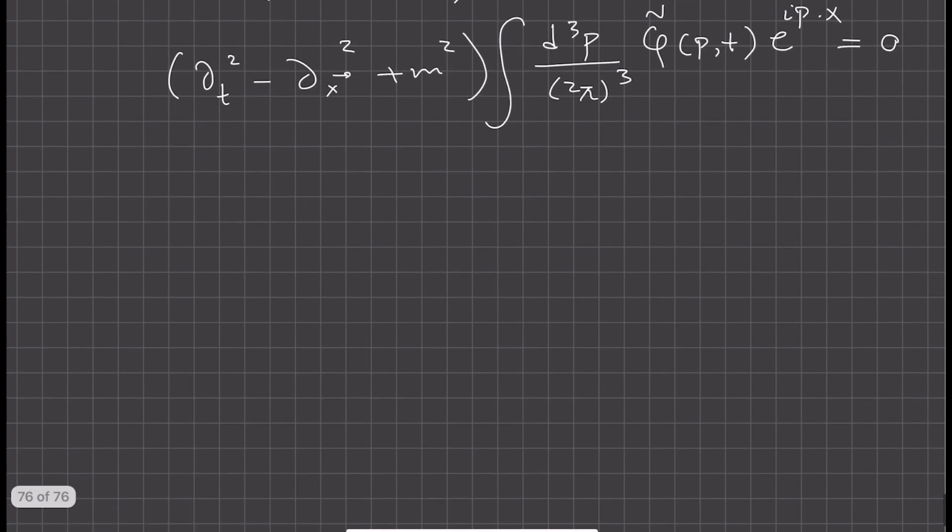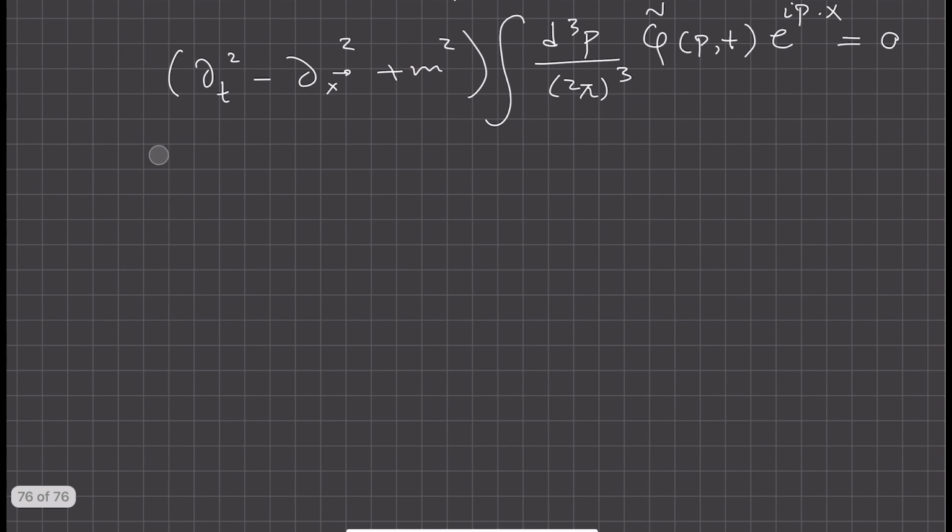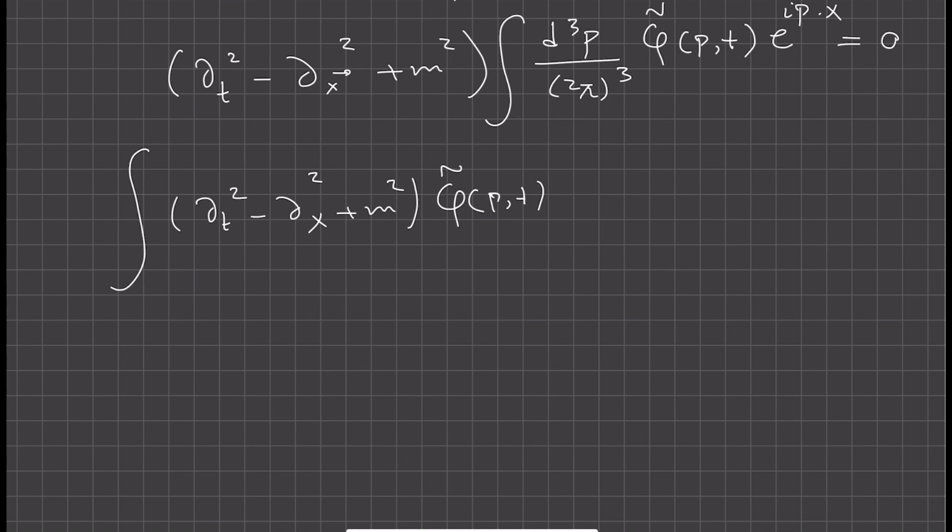Because the integral is a linear operator, I can take the operator inside and write this equation as phi tilde of p and t, exponential of ip dot x, and then this differential element, equal to 0.